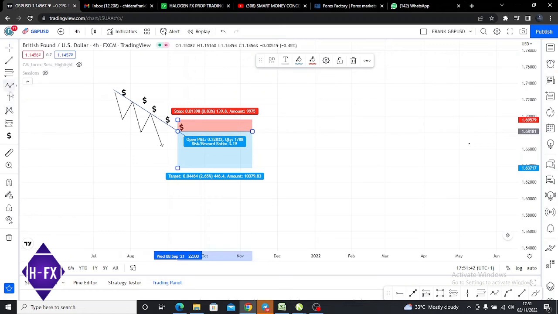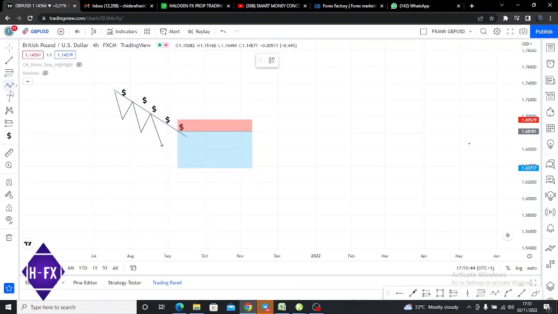But when the institution wants to make their move, they first take out those retail traders that are willing to sell from this trend line, leaving their stop loss above it, in order to then make the move downwards massively.